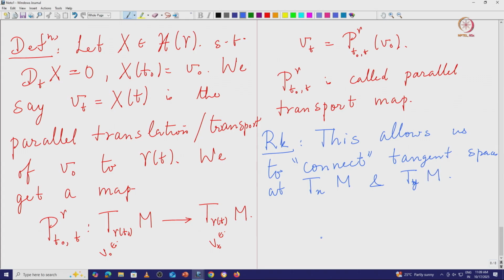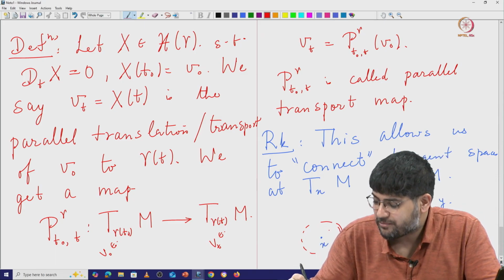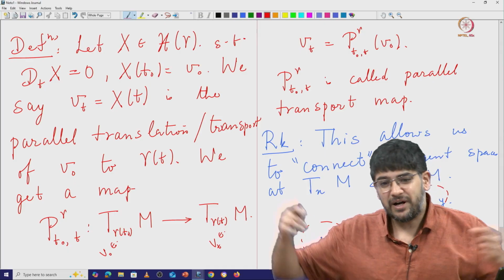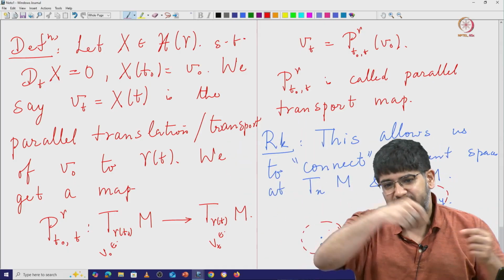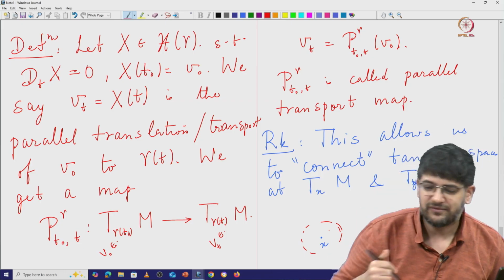Right, so if you are given an x and a y, of course we know that in a small neighborhood of x, the tangent spaces are connected, because in fact you can choose a local frame on the entire neighborhood. Similarly, you can choose a local frame in a neighborhood of y. But if x and y are far away, then there is no obvious way to relate tangent vectors at x to tangent vectors at y.